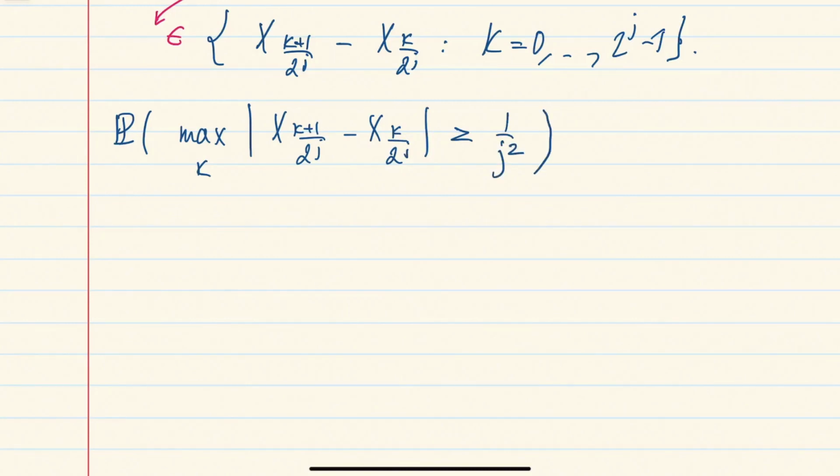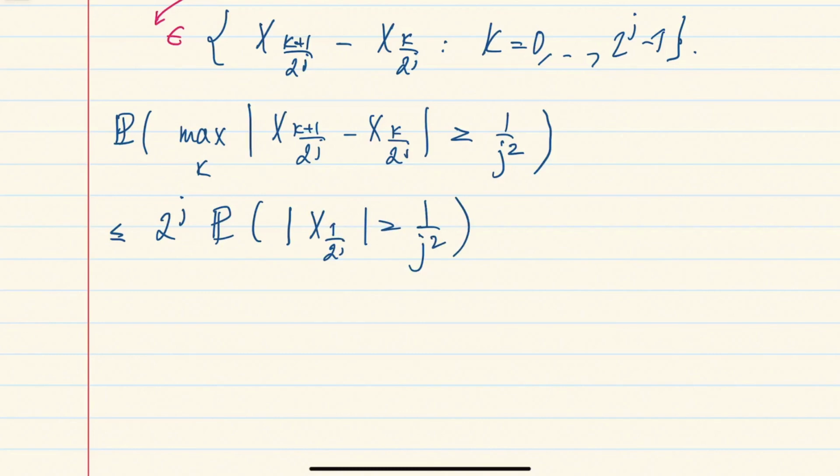We'll see that we have a lot of freedom in the choice, but we choose 1 over j squared just to have a convergent series. Now we can bound this first by removing the maximum, just by the union bound. There are 2^j of these differences, so this is less than 2^j times the probability that one of these links exceeds 1 over j squared. Of course, by stationarity, they all have the same distribution, so we can just take the first one, X_{1/2^j}, exceeds 1 over j squared.